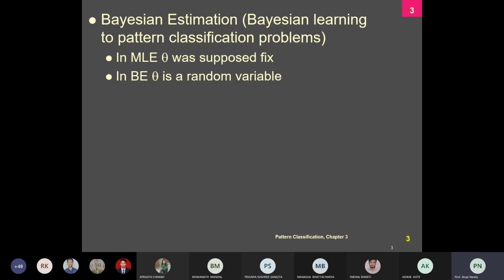So now here we are going to have the Bayesian estimation. In Bayesian learning, we have already seen that in maximum likelihood theta was supposed to be fixed.